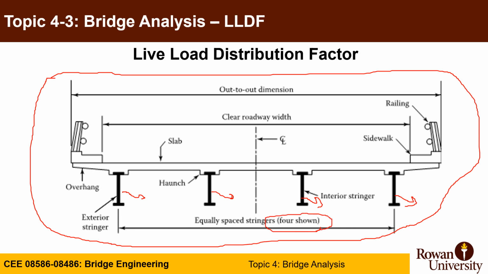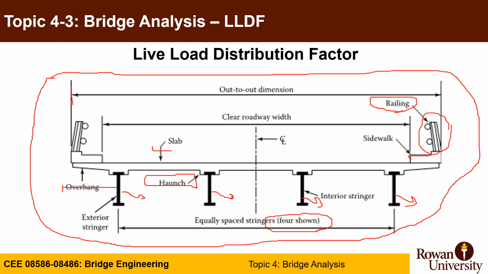You also will have an overhang, which is typically 0.4 or 0.5 of the spacing. You will have the slab or bridge deck, you will have haunch, and you'll also have a sidewalk, so pedestrians can walk on the bridge. You also have a railing or barrier system, which can be steel or concrete.